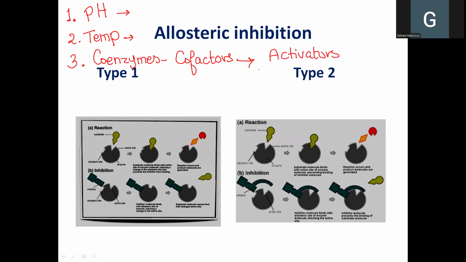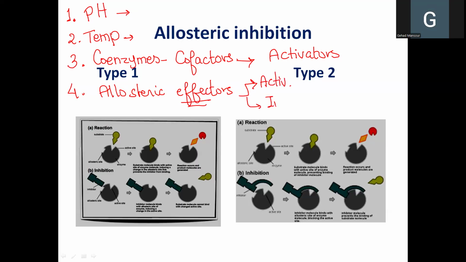And both coenzymes and cofactors were enzyme activators. The 4th factor that we are discussing today are the allosteric effectors. And the effect of the allosteric effectors is variable according to the type of the effector. The allosteric effector can be an activator or it can be an inhibitor. According to what? According to its effect on the shape and charge of the active site.